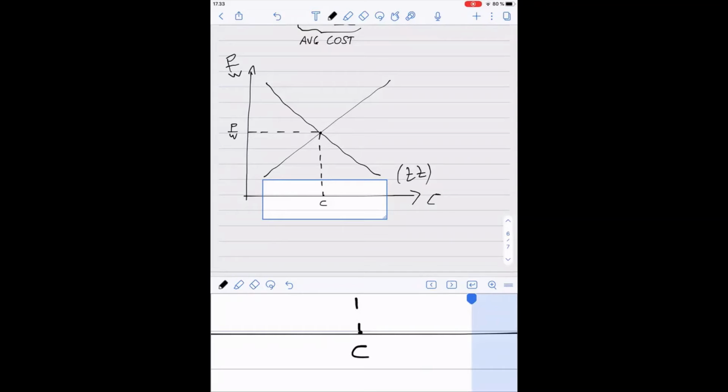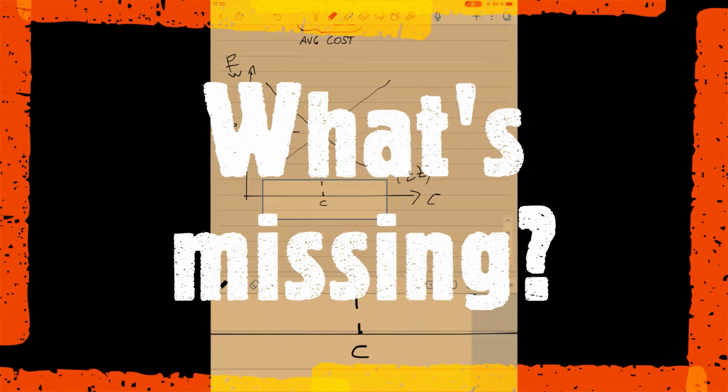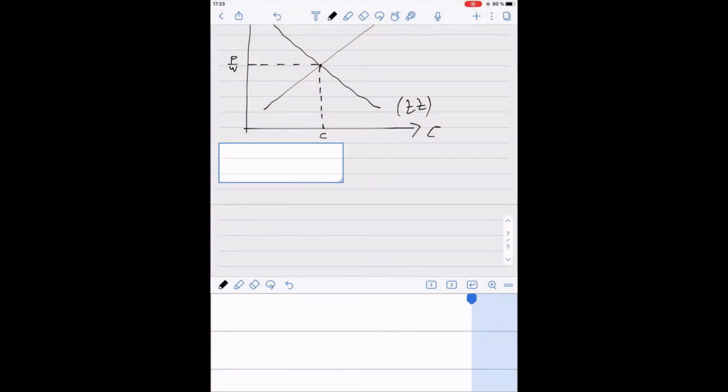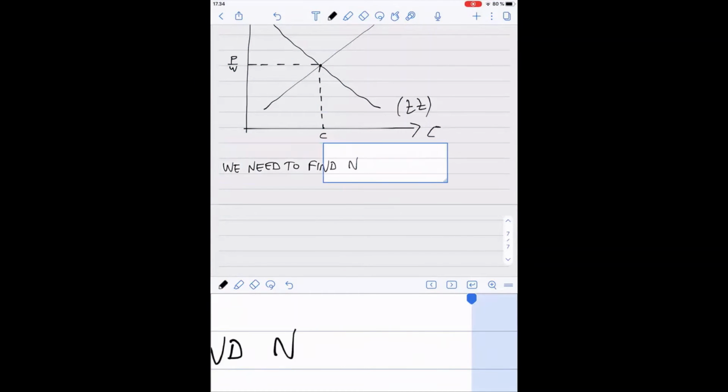Okay, so are we good? Are we done now? Have we found the equilibrium? Well, there's something missing. What's missing? Well, we need to find the number of varieties. All right, that's the new part of this model, that the number of varieties is actually endogenous.